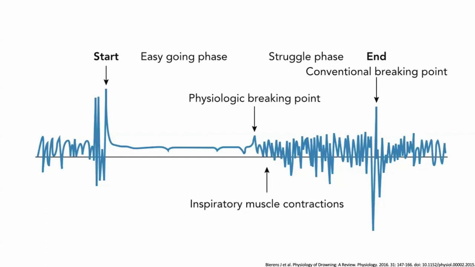It's an involuntary reflex. The airway opens, and it's quite difficult. And so this is the struggle phase. And the break point that they're talking about is the point clinically where a person is no longer able to hold their breath. And that's essentially when you'll be taking a breath as well.